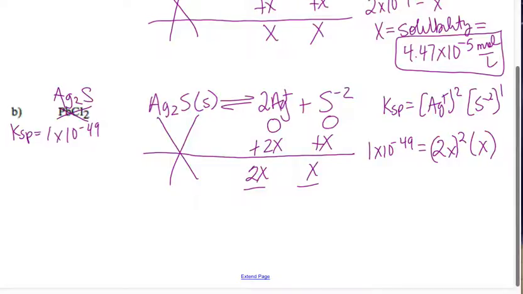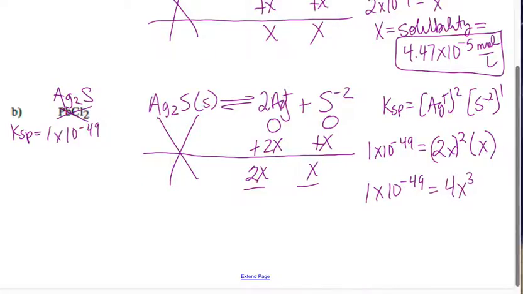Okay? So do you see how that works out to 4x cubed? 2 times 2 is 4. That's 4x squared times x is 4x cubed. So we get 1 times 10 to the negative 49th is equal to 4x cubed.